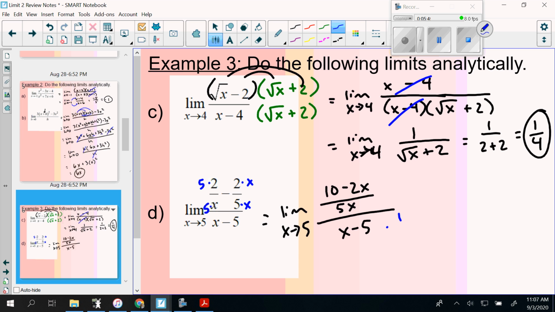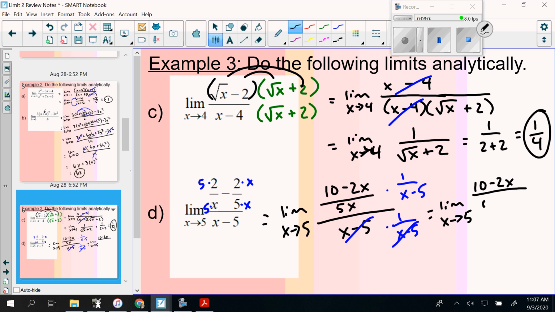So let's multiply by 1 over x minus 5, and let's do that with the top. So now these cancel. So now our limit looks like this. We got 10 minus 2x times 1 is just that, all over 5x times x minus 5.